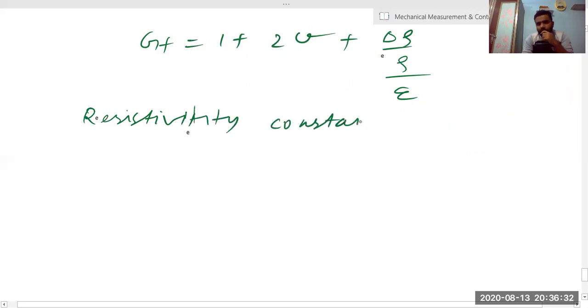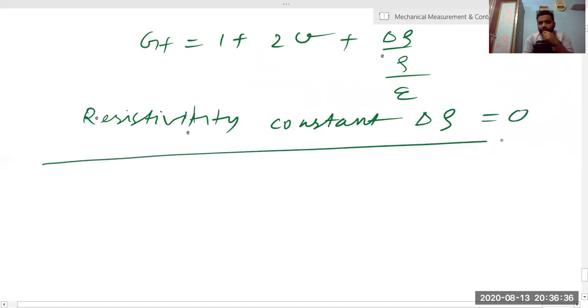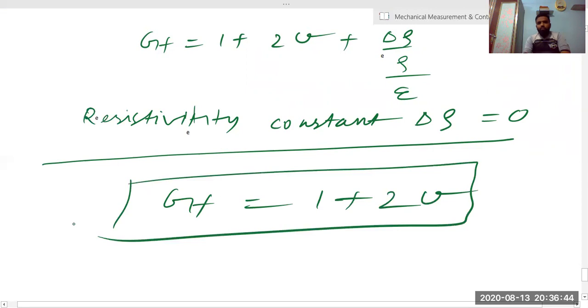If this is constant, automatically delta rho will be equal to 0. So if the resistivity is considered to be constant, delta rho will be 0, and GF will be 1 plus 2 nu. So there will be only two contributions basically. One will be resistance change due to change in length, and its value is given by 1. And resistance change due to change in cross sectional area, its value is given by 2 nu.